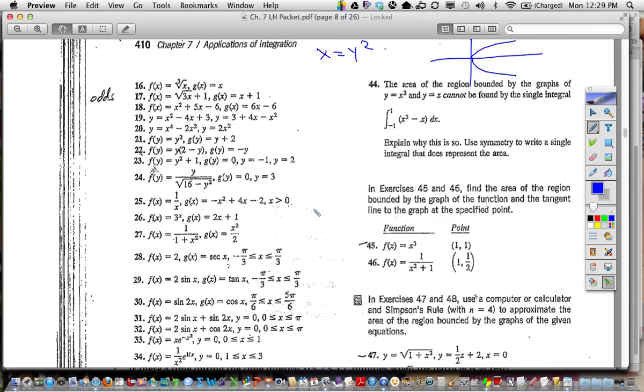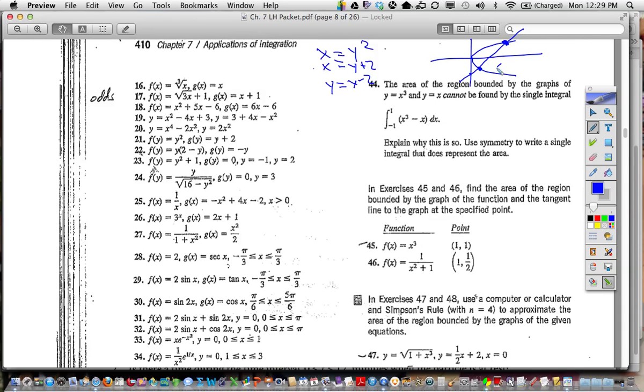And then this would be x equals y plus 2, which means y equals x minus 2. So it would have a y-intercept down here of negative 2, and it would come up through like so. Where does it intersect?